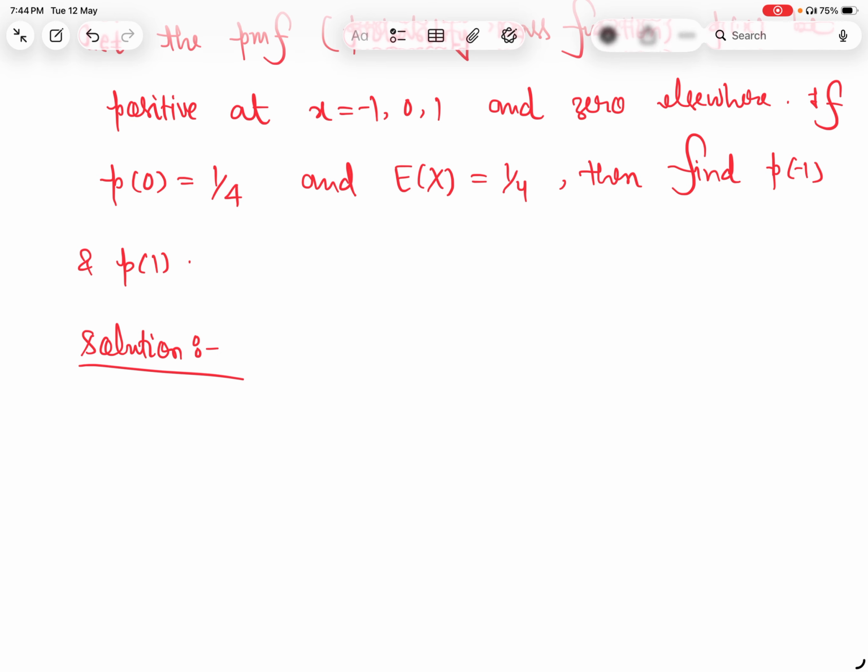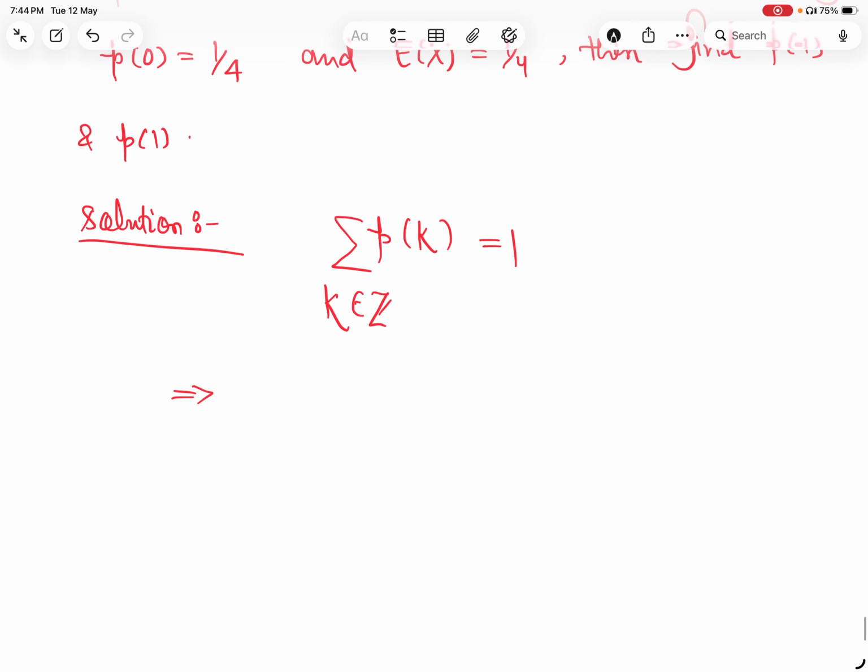We know that the summation of p_k, k belonging to Z, is always 1. So this implies p at minus 1 plus p at 0 plus p at 1, and p is 0 elsewhere, so it is 1.